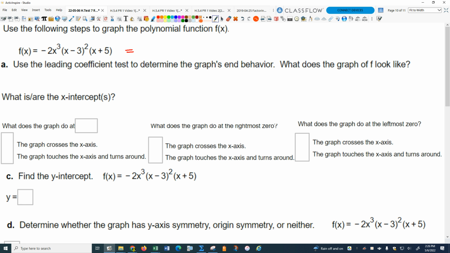Riley, what do you think? Leading term? That's right. Okay, that's giving us a negative 2x cubed times an x cubed times an x, if I just multiply all the leading terms, which is all we need to do, right?